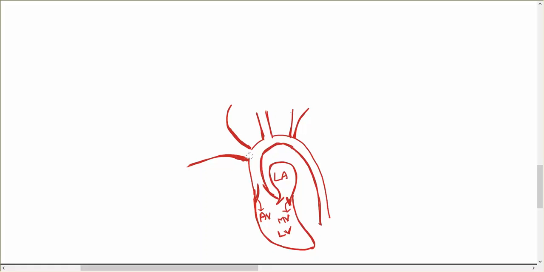So what are the branches that come from the arch of aorta? First is the brachiocephalic trunk, followed by the left common carotid artery, then followed by the left subclavian artery.